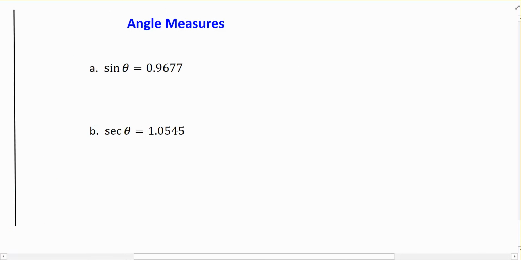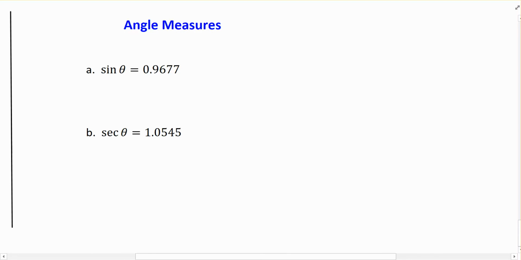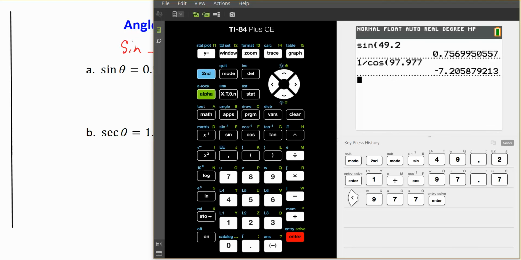So let's think then about angle measures. Now, angle measures ask, what angle, when I take the sine of it, returns the value of 1/2? In this case, I want to know the angle that gives me the function value. So again, we can go to our calculator.